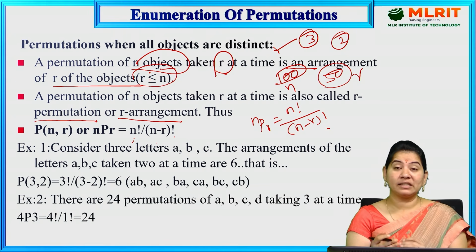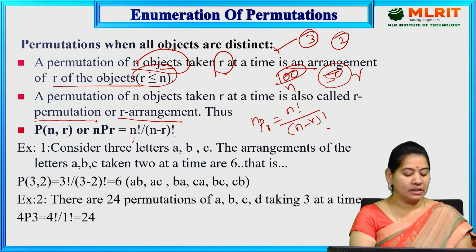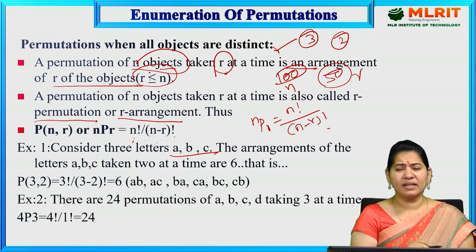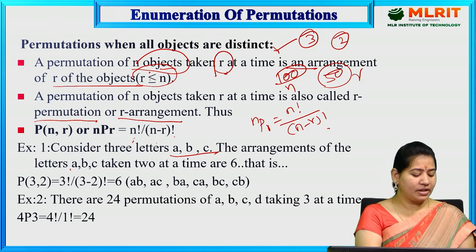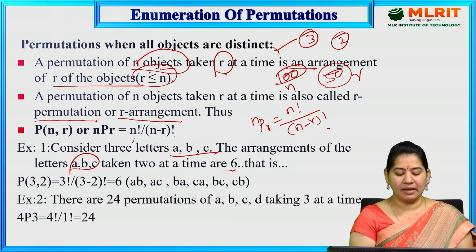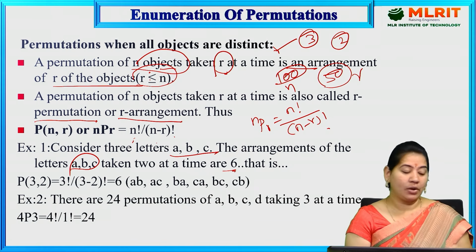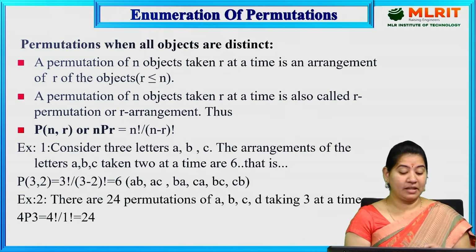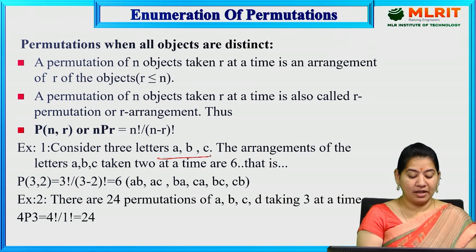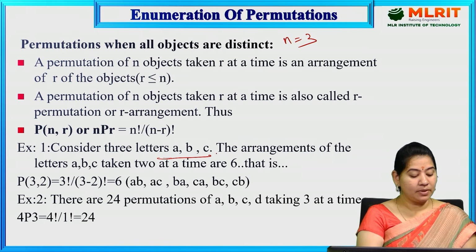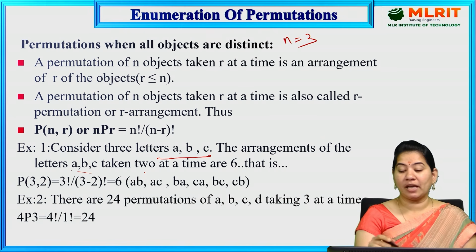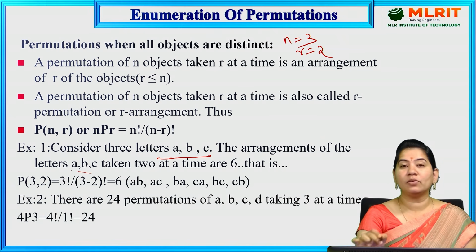So let us apply that formula in these examples. Consider three letters A, B, C. The arrangement of the letters A, B, C taken two at a time is 6. So how are you going to get 6 here? Three letters means n is equal to 3, and taken two at a time means r is equal to 2.